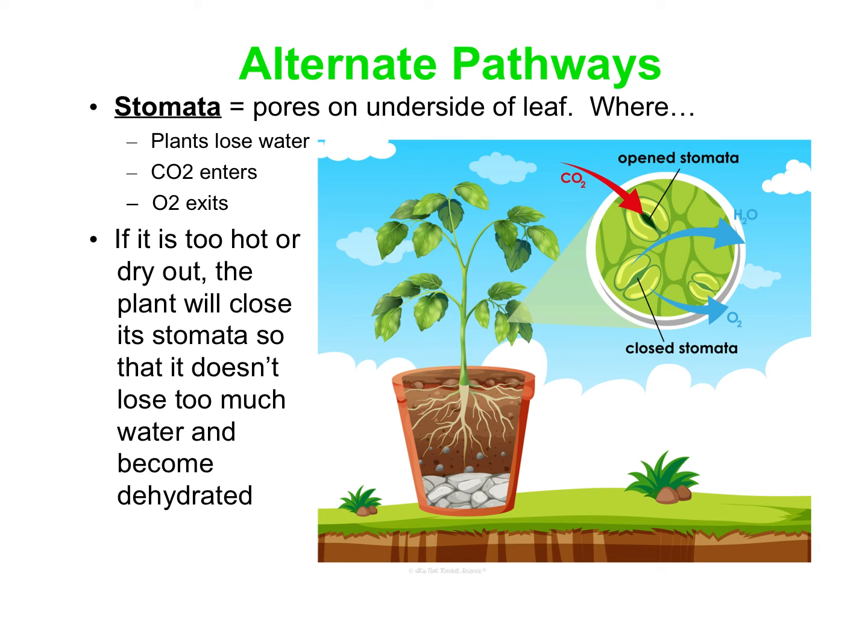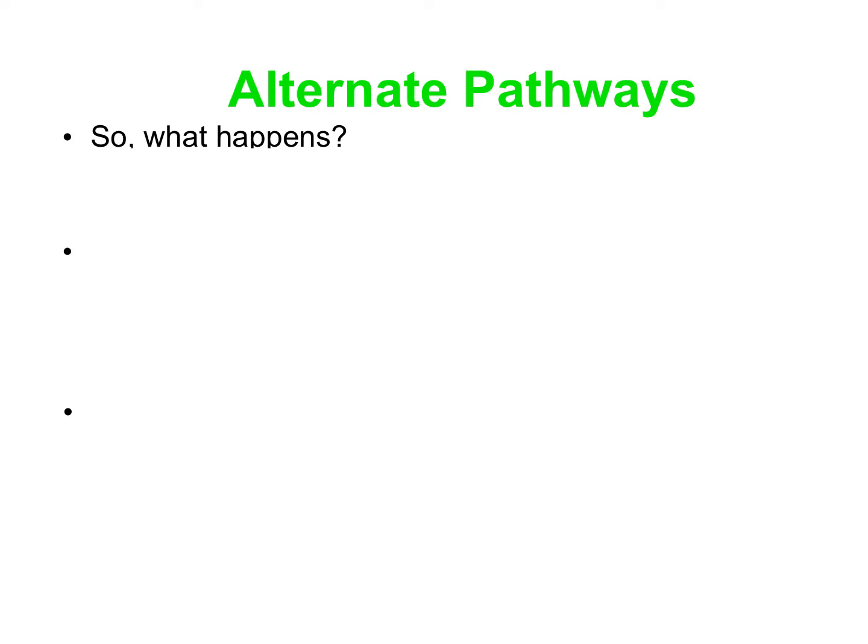And we have carbon dioxide as an input. We need water as an input. So if we don't get these things, then we could be inhibiting photosynthesis. So when this happens, if it's too hot out or for whatever reason we are closing up our stomata, our plants need a different route to do photosynthesis.